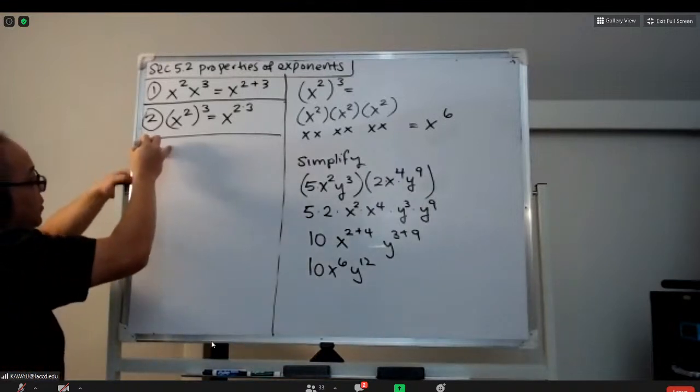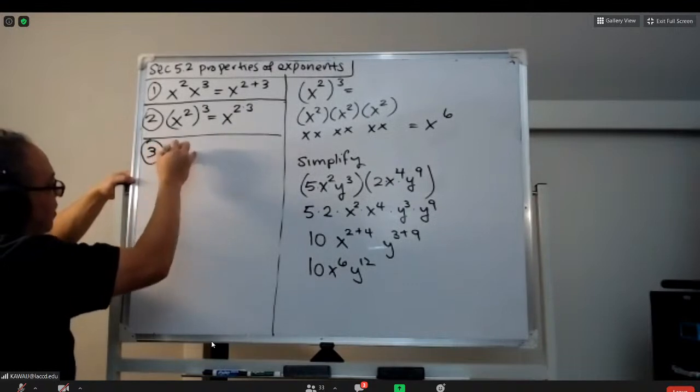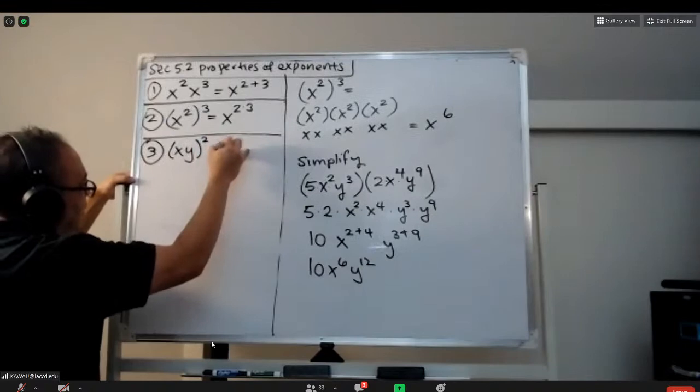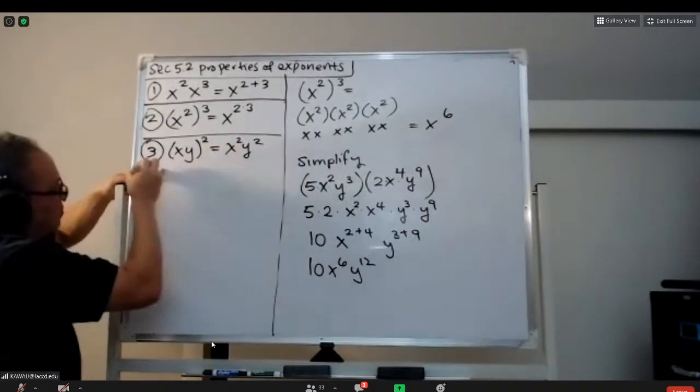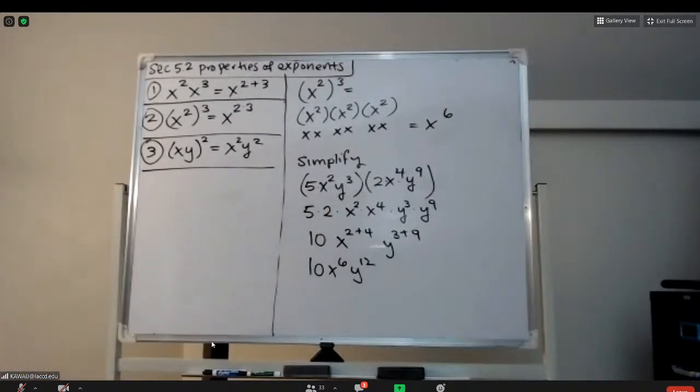Now I'm going to pair that with another one that's used with it often. So I'm going to have xy squared is equal to x squared, y squared. So go ahead and copy that, and then we'll do an example.